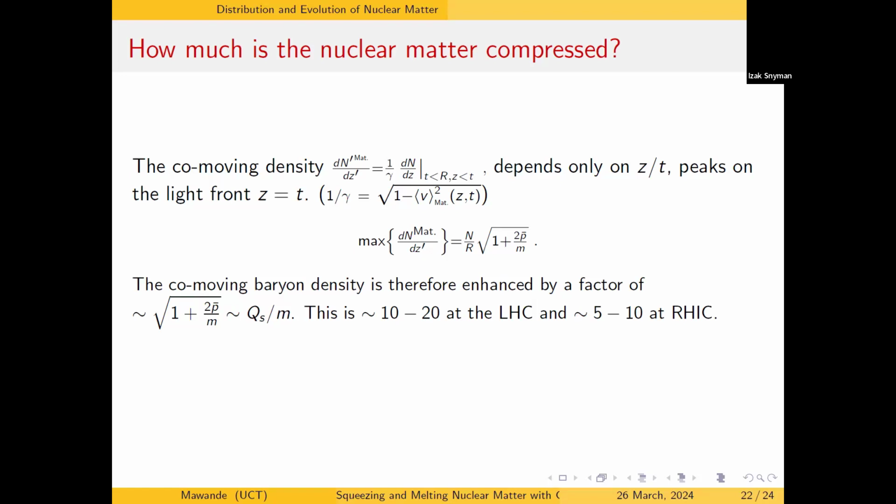By all accounts, this is definitely enough to form a deconfined QCD matter.